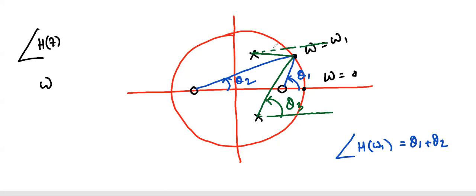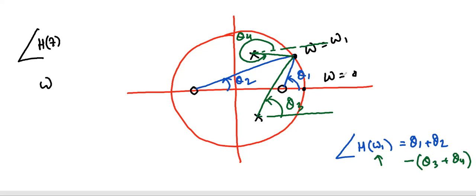This is the x-axis, so this is the theta value. So this is theta 4. We have two more thetas, so we need to subtract these two, theta 3 plus theta 4. That is how we can find the phase at the location of omega 1. Of course, the omega will change.